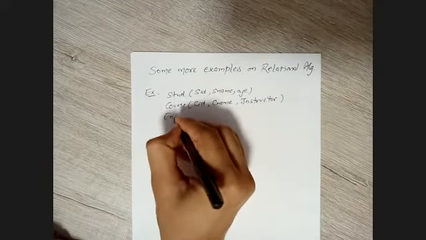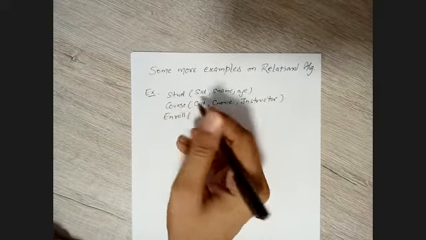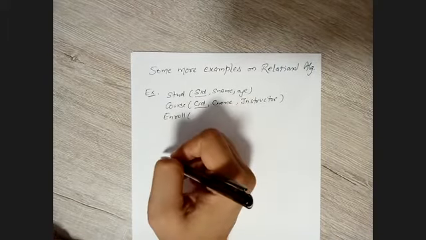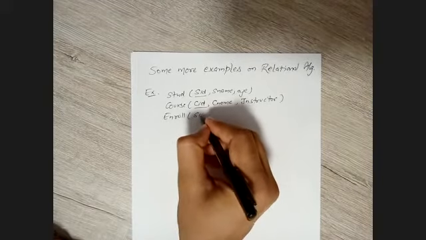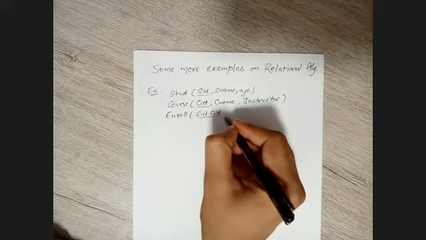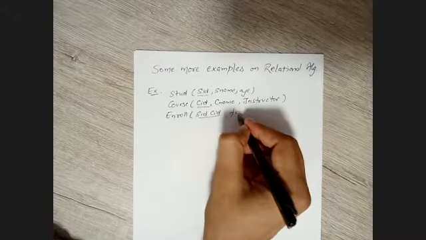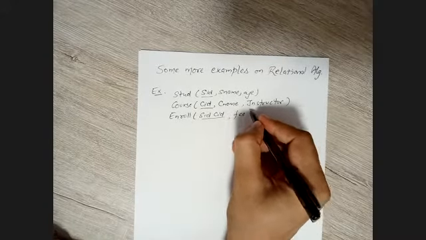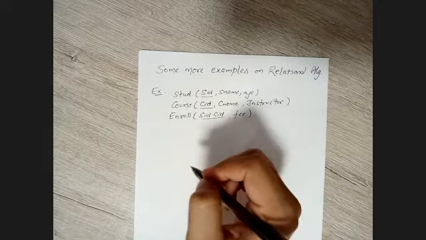We have a relational table which is called enroll, where SID and CID together form the key, and another descriptive attribute, fee, for your enroll table.